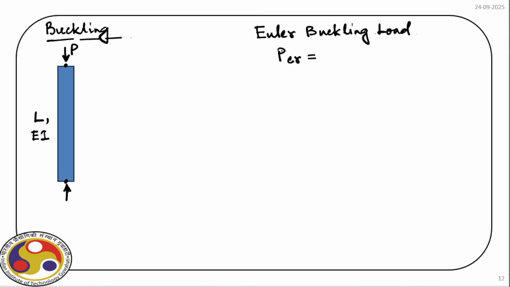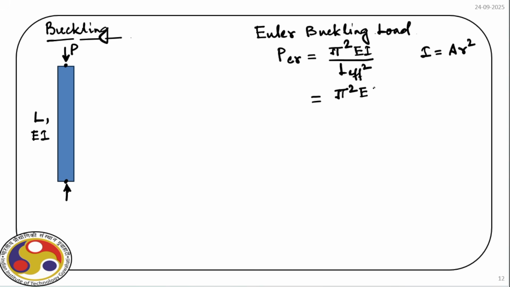and for each boundary condition we defined the first critical load, and if you recall the expression is pi square EI divided by L effective square, and in fact I we can write as A times R square, and then we can further modify this equation.